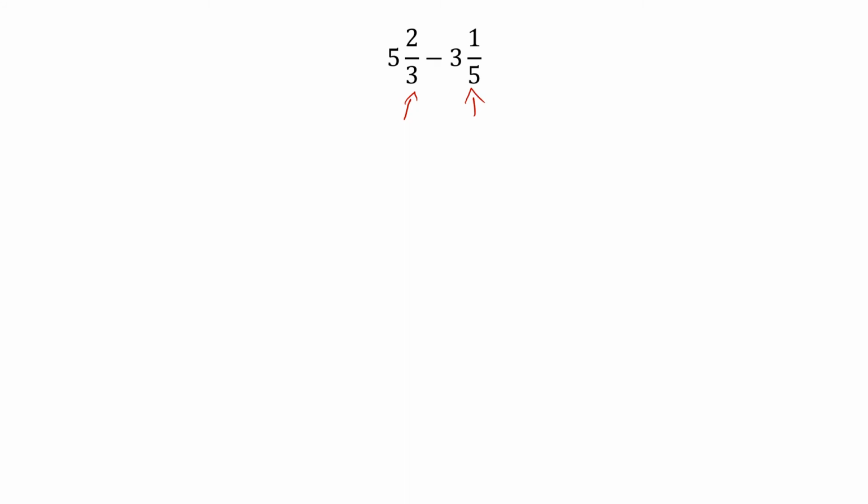One way to do this, aside from listing multiples out in the corner of the slide, would be to simply multiply your denominators together. And that will tell you what your equivalent fraction denominator can be. 3 times 5 equals 15. So we can convert both of these fractions to equivalent fractions with a denominator of 15.